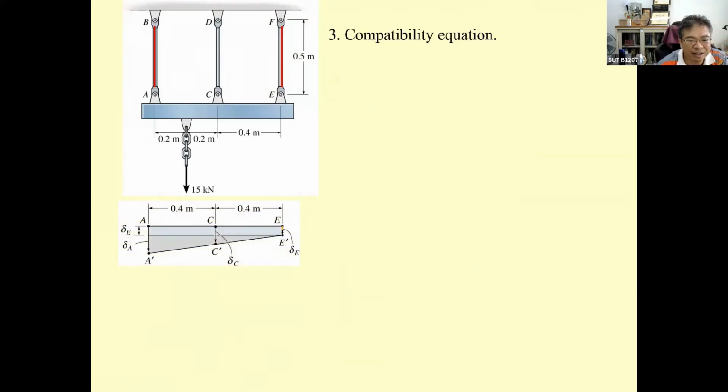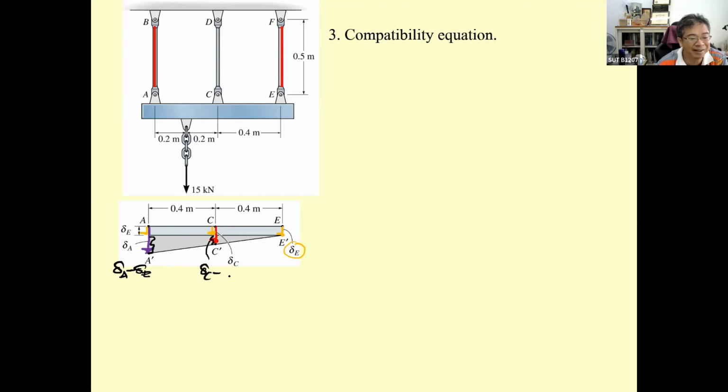If this is delta sub E, and previously this is delta sub A, and this is delta sub C, you will see that the portion of delta sub C, this one is going to be delta sub E, and this one also delta sub E. So what is left over here is delta A minus delta E, and what is left over here is delta C minus delta E.